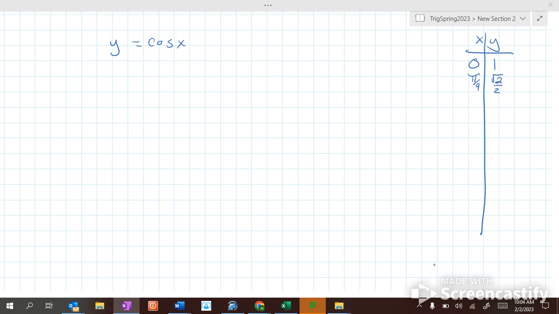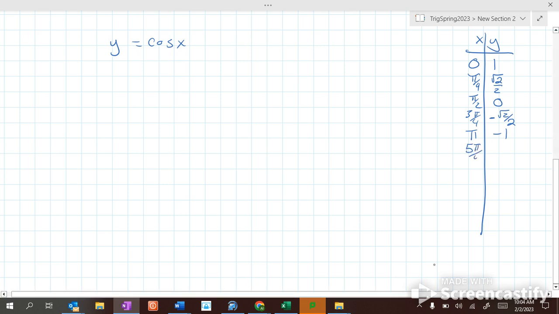Square root 2 over 2. How about pi over 2, what's cosine? 3 pi over 4. Yep. Negative square root of 2 over 2. Pi. Negative 1.